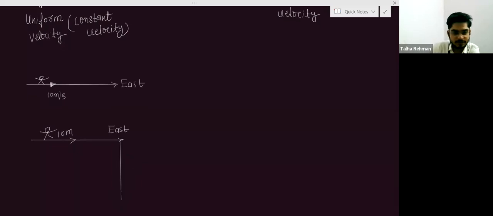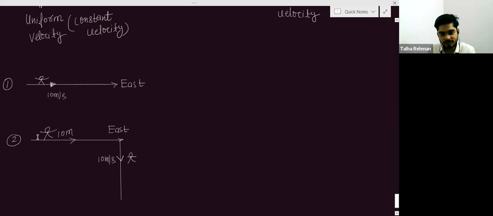He takes the turn and he moves in this direction, and again he is moving with 10 meter per second. This is your case 1, this is your case number 2.